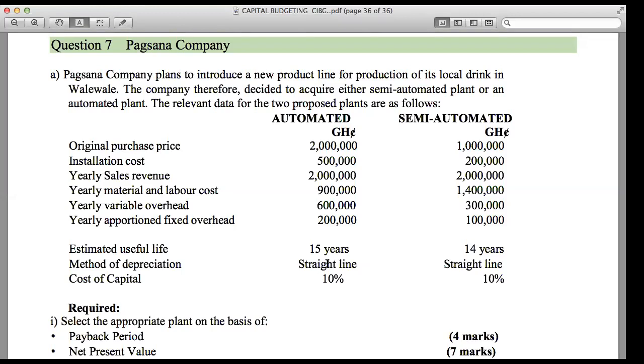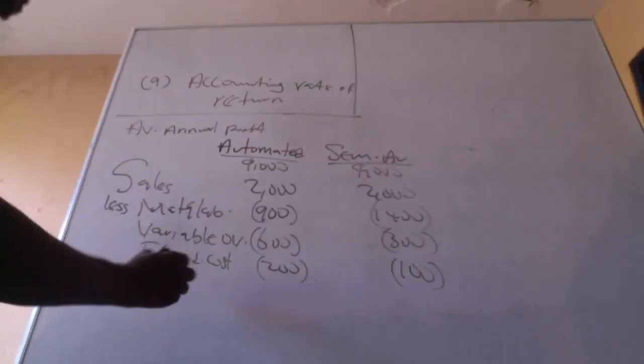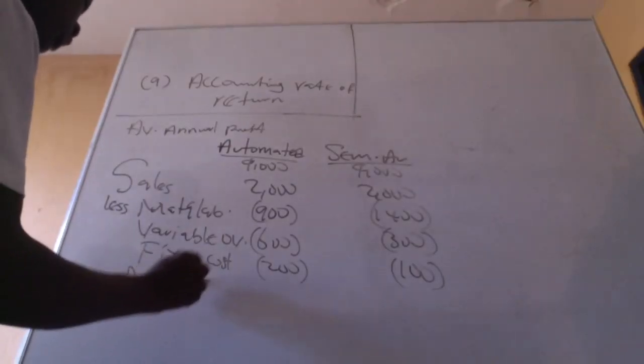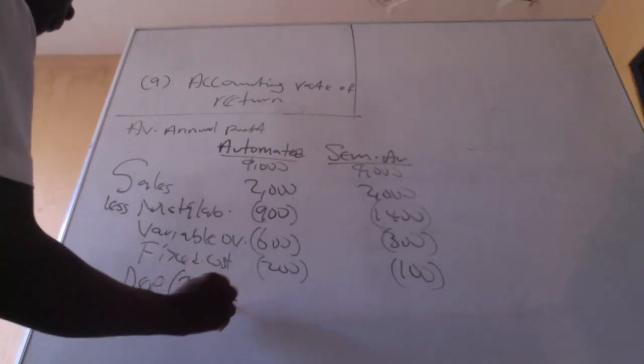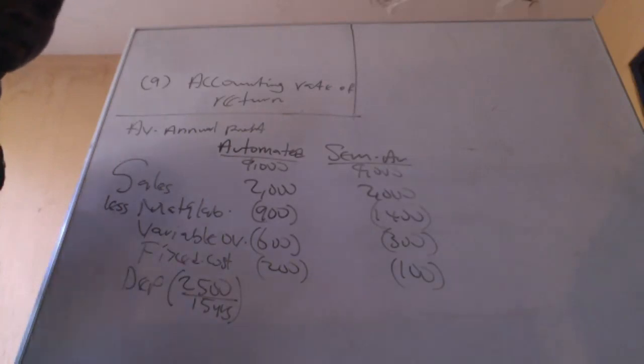And then estimated useful life is what? 15 years, and that of semi is 14 years. So you will divide the 2,500 by 15 years. Please, what do you get? 2,500 divided by 15 years.